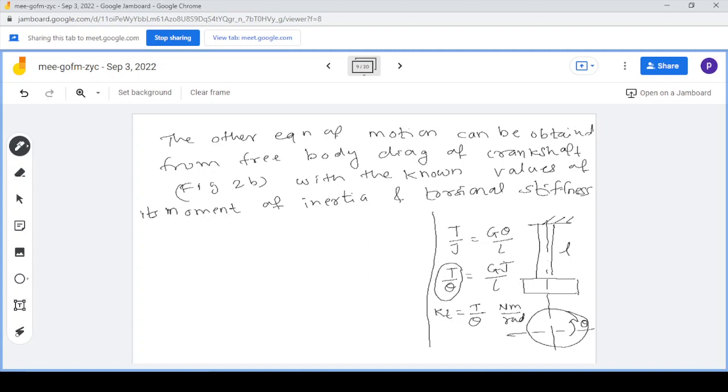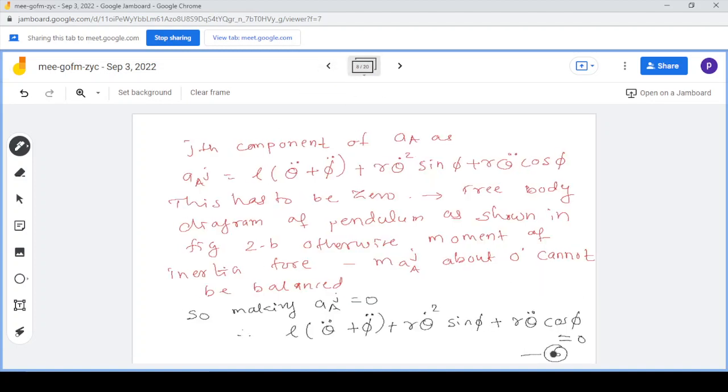So in this case, what can we find out? We wanted to find out the values of the moment of inertia and the torsional stiffness. But we know that equation 7, we call it as 6.